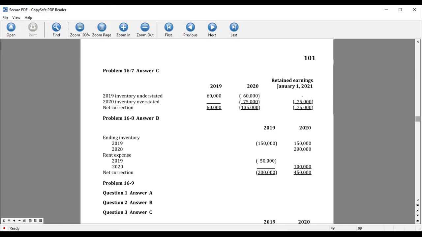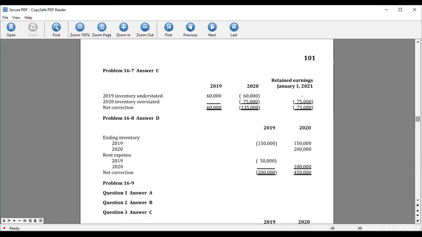You deduct the ending inventory, so your cost of goods sold is understated. So net income was overstated. That's why you have to deduct 60,000.